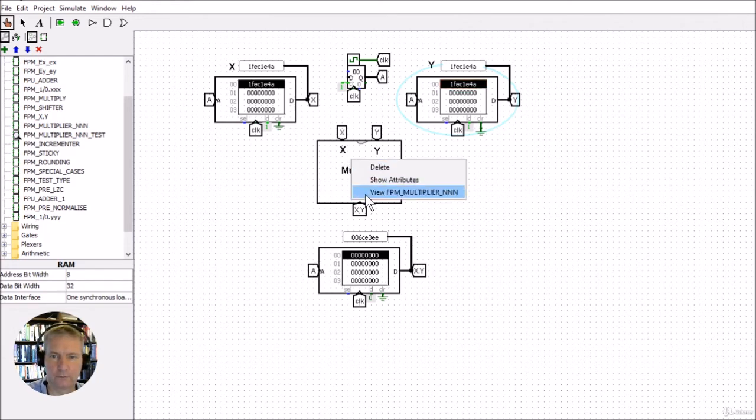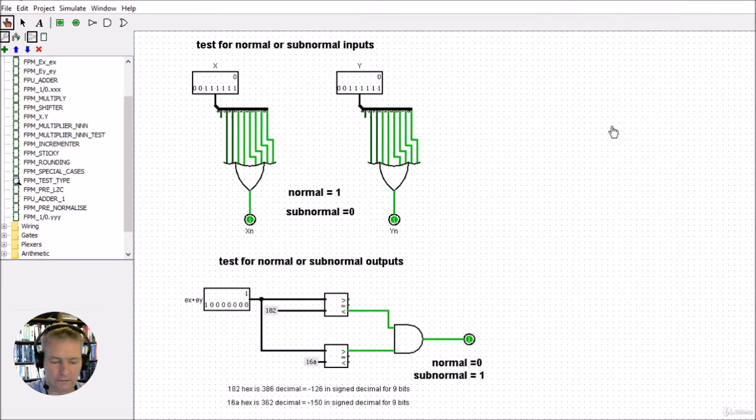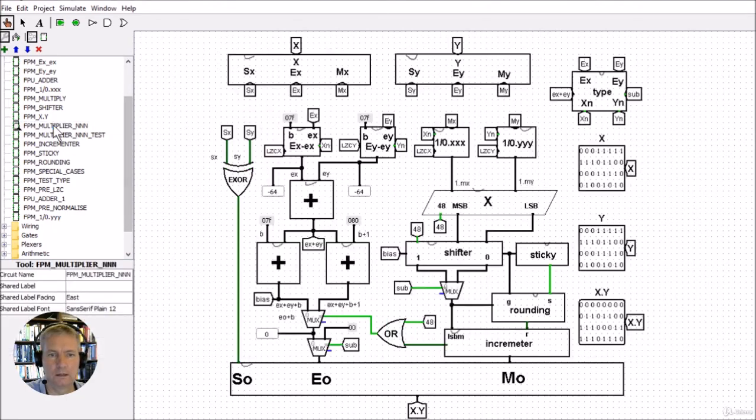So let's go in and have a look, and again we start off at the type. We can see here for the type that we've got a normal number coming in for our x value, a normal number coming in for our y value, but we've got a subnormal output, and we can use those on the tree here.